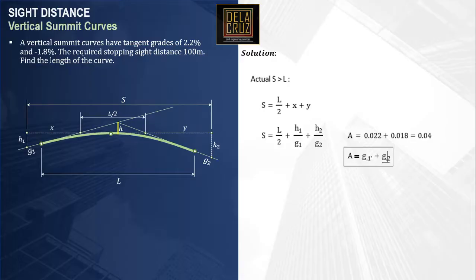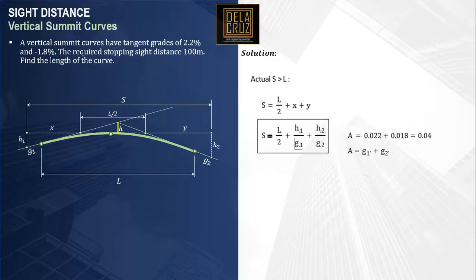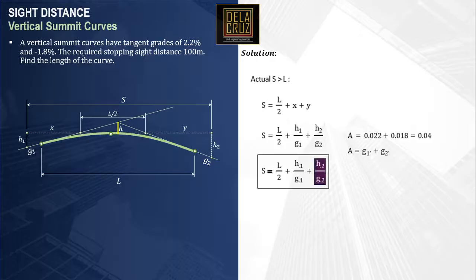Because again, we'll not use here the actual grades given there, but instead we'll be just using the constant change in grades, which is A. Therefore, S is equal to, I'll just express one grade to the other.